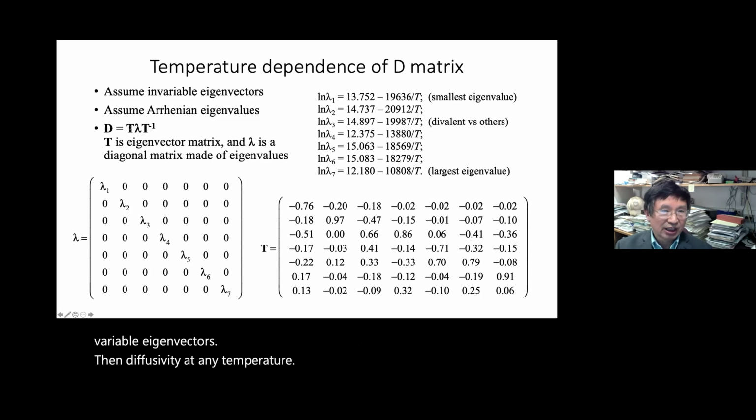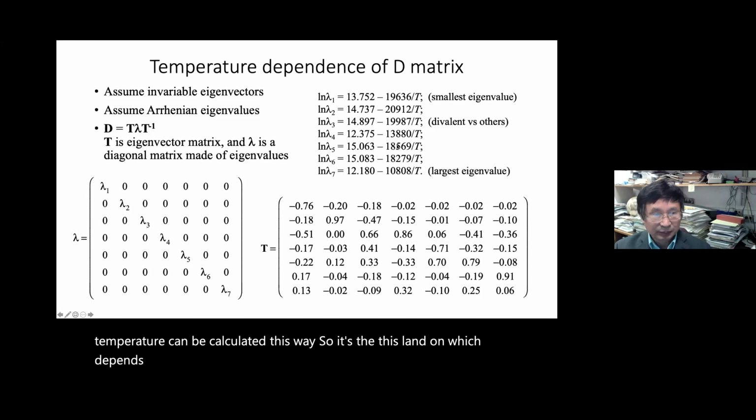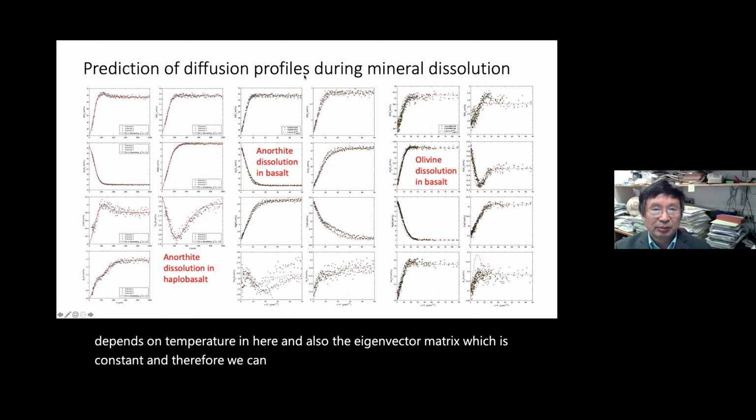This T is not temperature, this is the eigenvector matrix. So it's this lambda, which depends on temperature, and also the eigenvector matrix, which is constant. And therefore we can then predict diffusion profiles using minor dissolution.